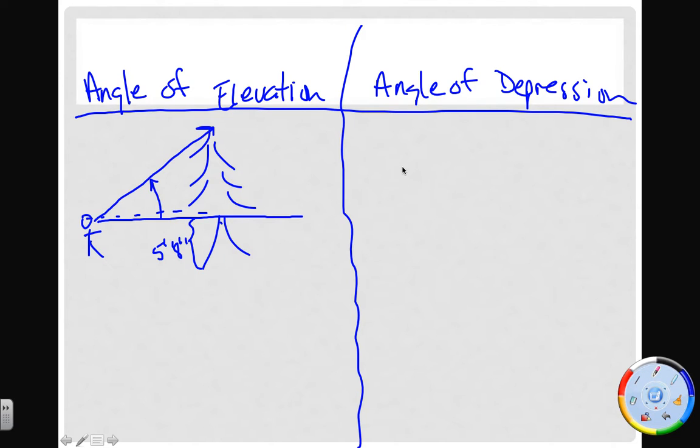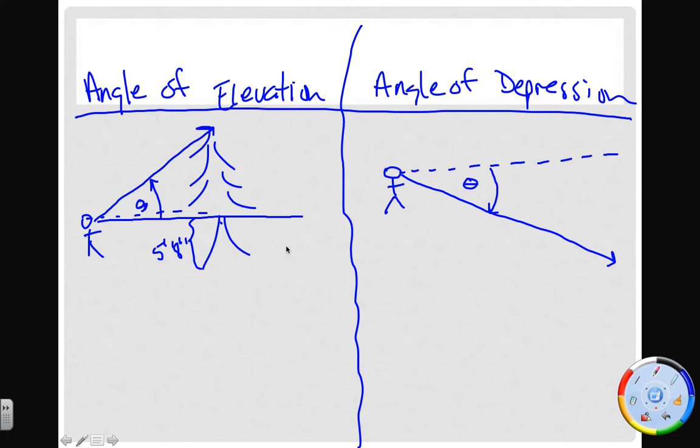Whereas angle of depression is still from horizontal, only in this case it's looking downward, and this would be my angle of depression. So this would be my theta here, and this would be my theta here, representing angle of elevation and angle of depression.